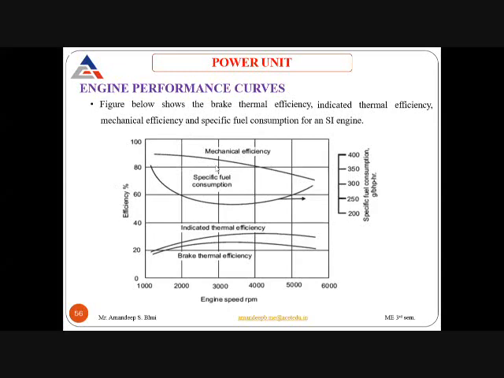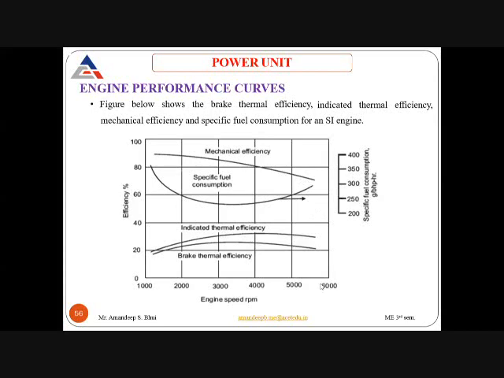So first, if we look at the mechanical efficiency, it is greater when the RPM is less. Here you can see it is around 90% when the RPM is just near 1000. Now, as the RPM increases, the mechanical efficiency of the engine starts to decrease.